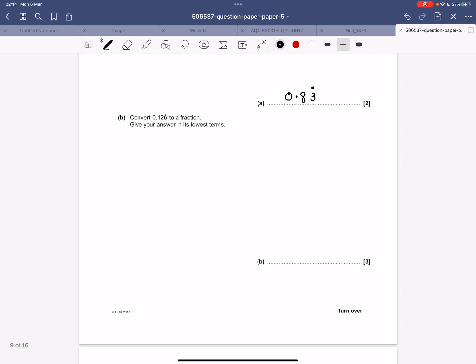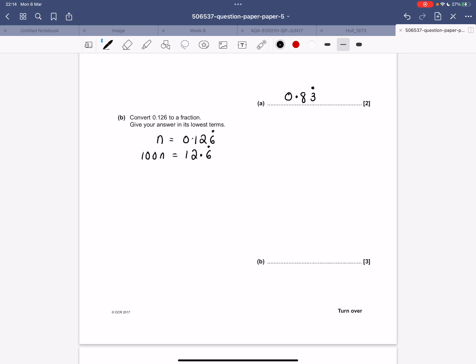Convert 0.126 recurring to a fraction, giving your answer in its lowest terms. So our number is 0.126 recurring. Let's multiply it by 100. 100 times the number is 12.6 recurring.